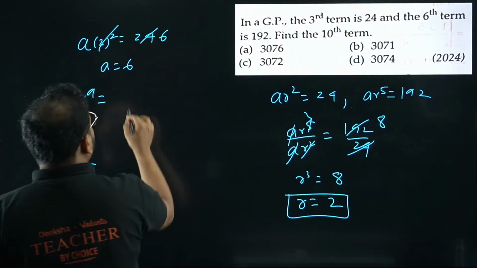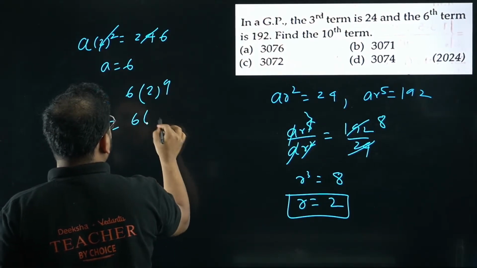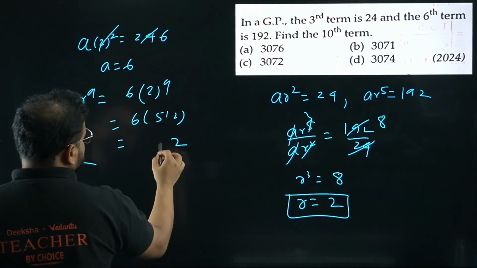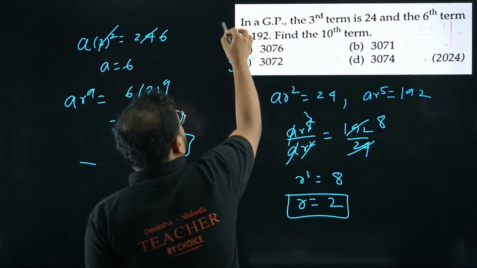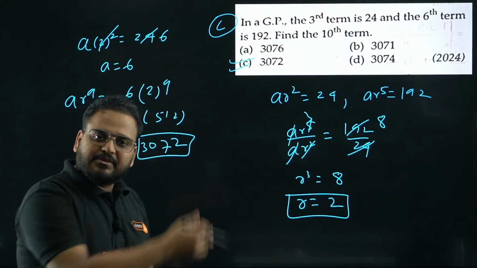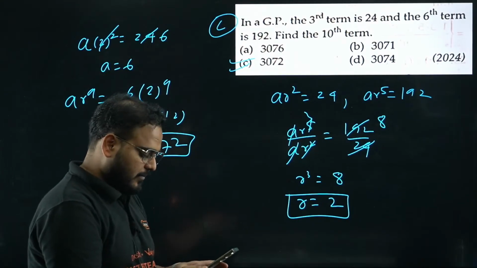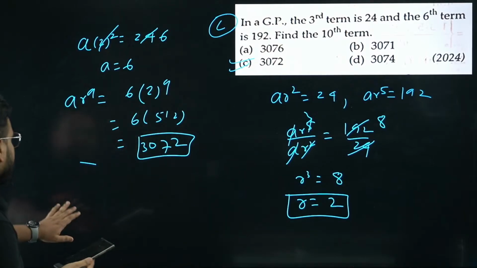So I'll end up with 6 times 2^9, 6 times 512, which is 3072. Option C is correct here. PYQ from 2024, sequences and series, for all of you. Clear?